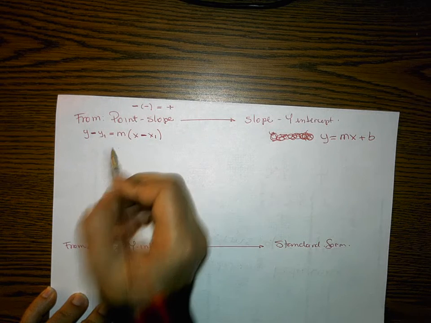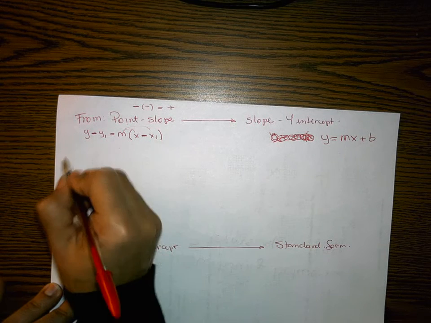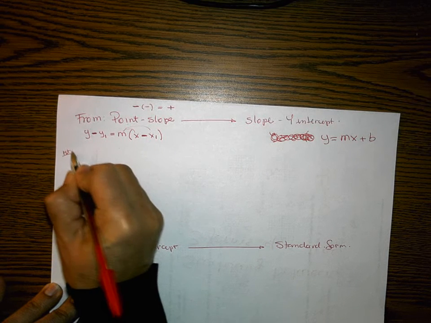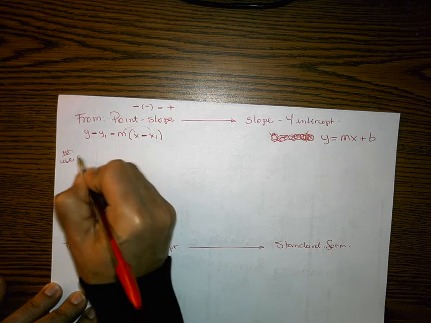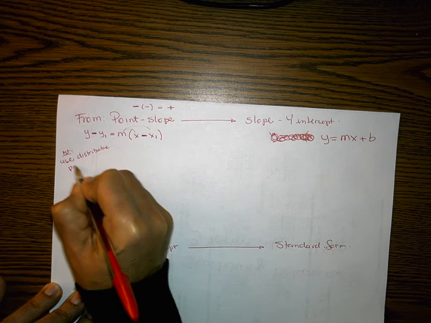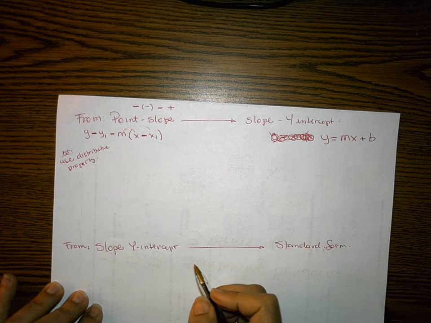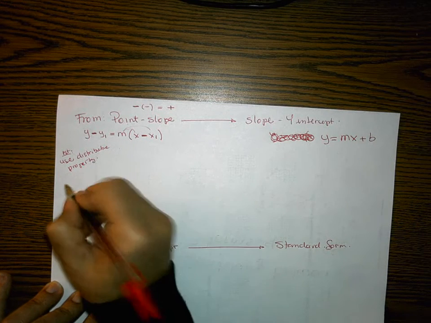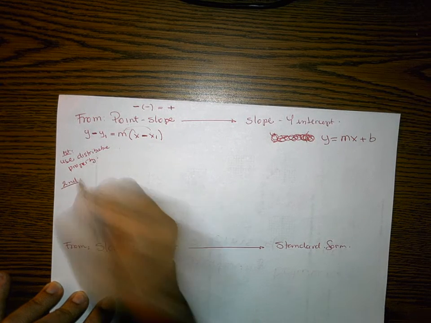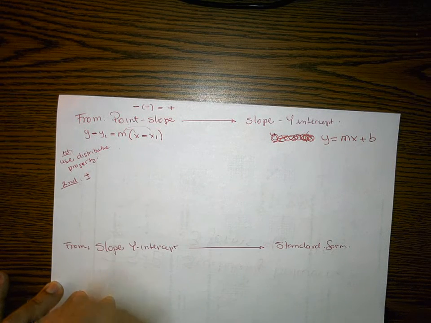First, you want to distribute the slope into these 2 values. So my first step is to use the distributive property. And the second step is to either add or subtract your y1 value.